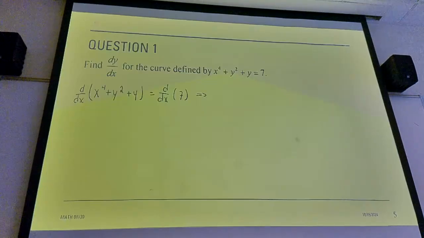Left-hand side, what kind of function are we dealing with? Sum of functions. So go term by term. Derivative of x to the fourth: 4x to the third. Derivative of y squared: 2y dy/dx. Right, that is the general power rule. And then derivative of y.